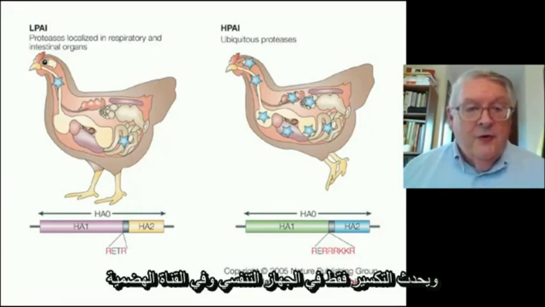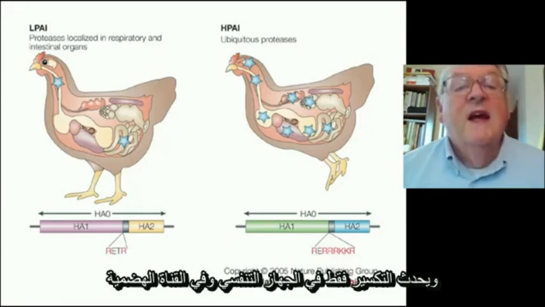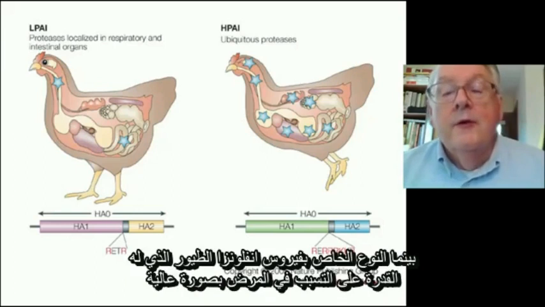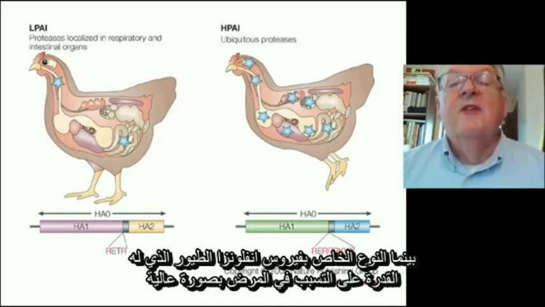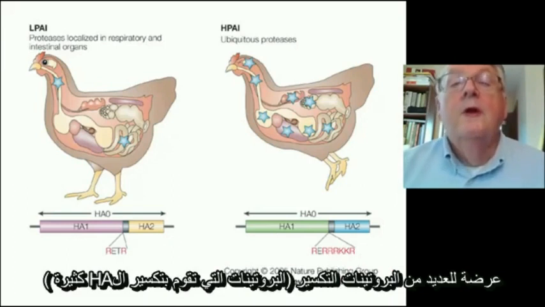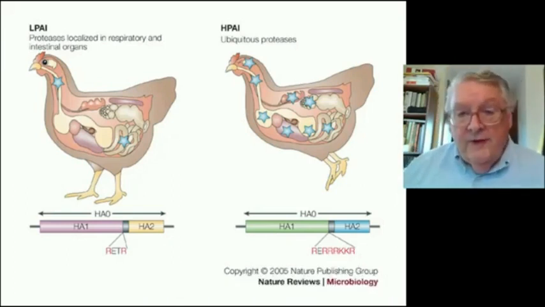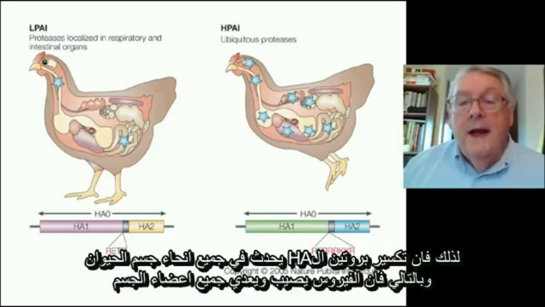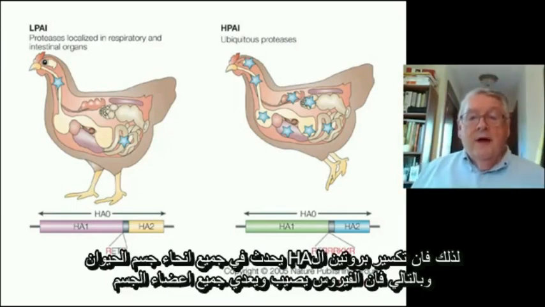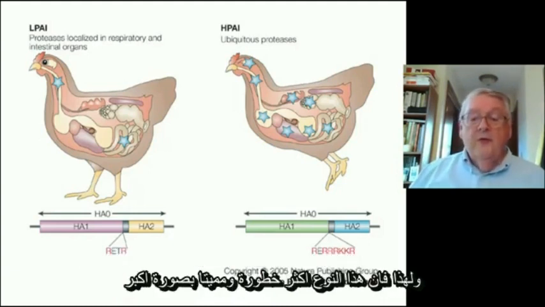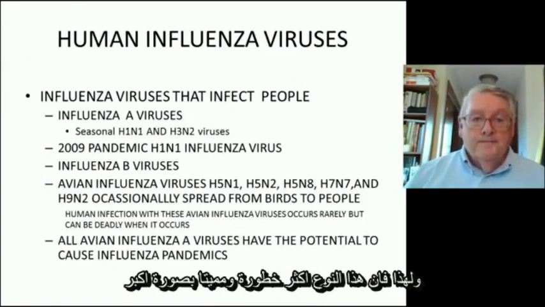So the cleavage occurs in the respiratory tract and in the gut only, whereas the highly pathogenic avian influenza virus is susceptible to numerous proteases. So cleavage of the HA occurs throughout the animal, and virus infection can occur throughout the animal, and that is why it is much more deadly.